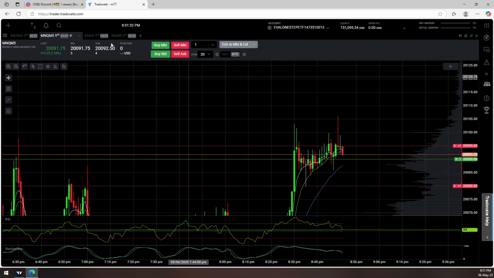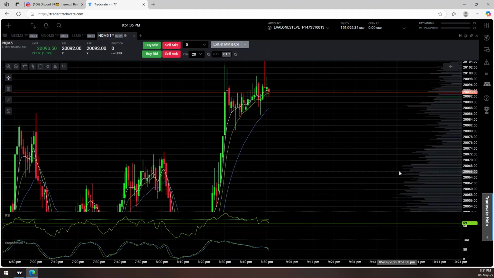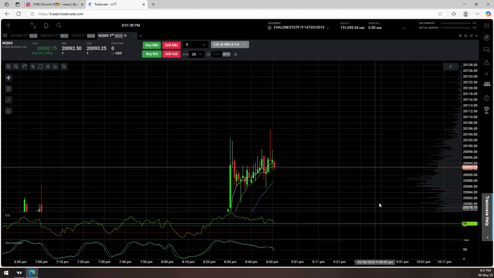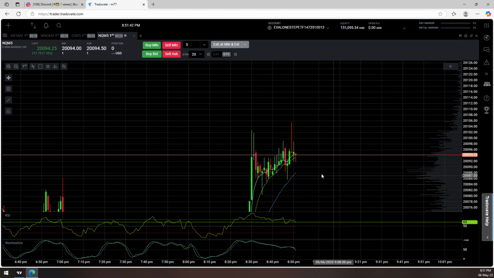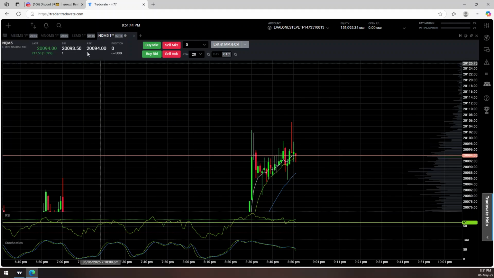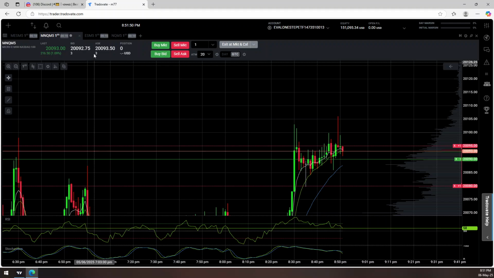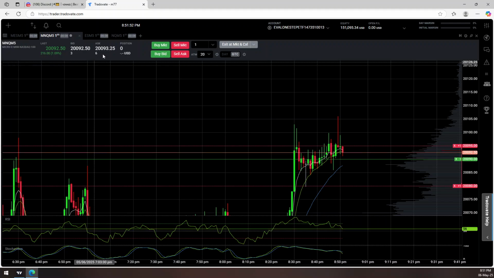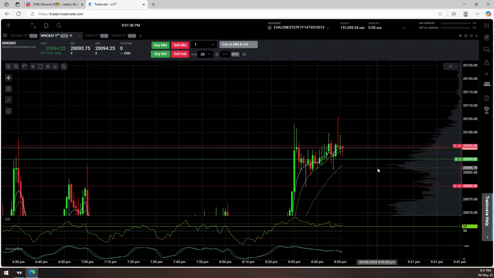If I was trading NQ, I would use exactly the same settings and the same chart. There's no difference between a micro and a mini chart. It's absolutely the same. But the spreads are much wider on NQ at this time of the night, versus MNQ which is pretty much just 2 ticks. With NQ, you often get like 6 ticks.